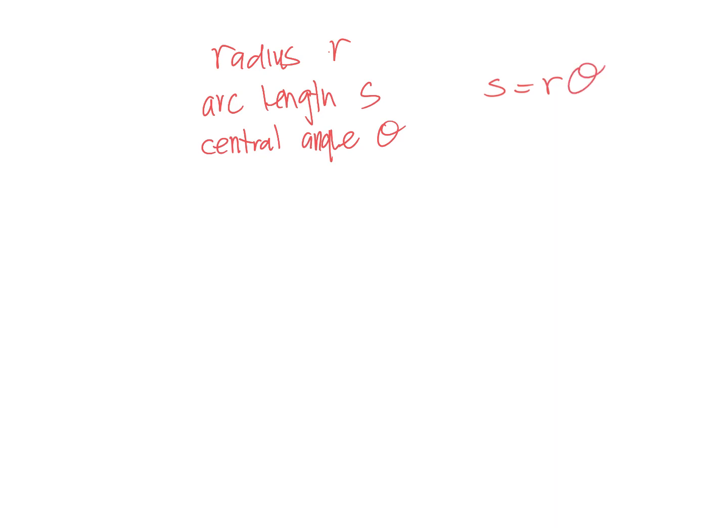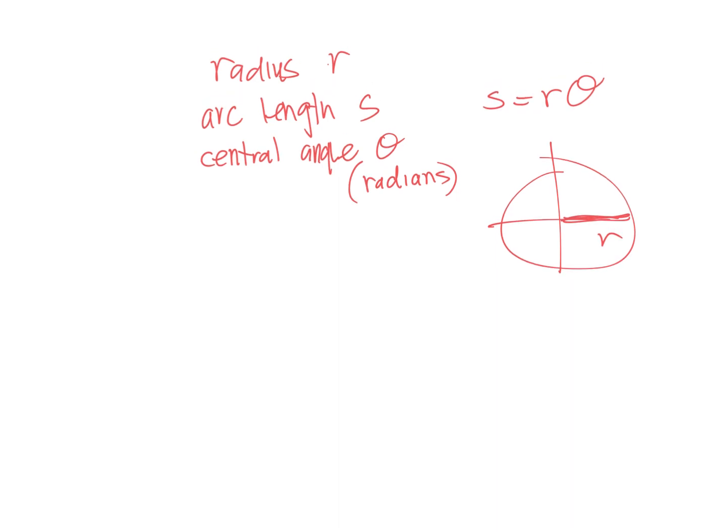This is where theta is in radians. That is, we have a circle, and we have an r, and we have some sort of angle. Let's say the angle is out here, and that's theta. Then this arc length right here, s, is r times theta.